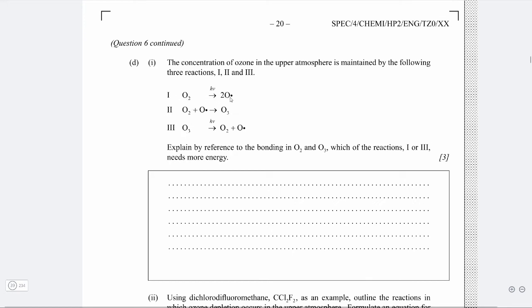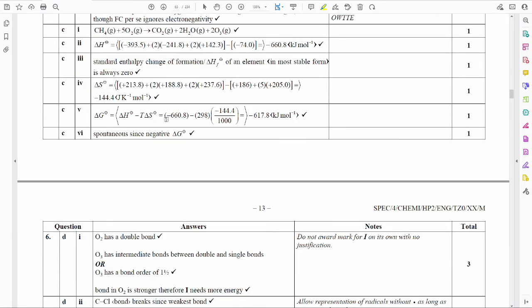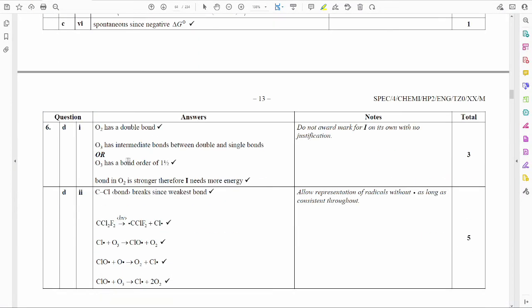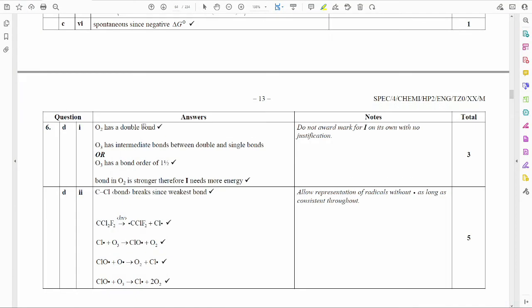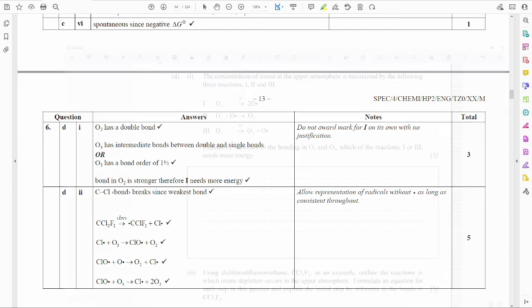So the double bond requires more energy to break. So the first equation should be the one which needs more energy. Oh, you need three arguments because it's three marks. So double bond, half bond, and then why, like which one needs more energy.